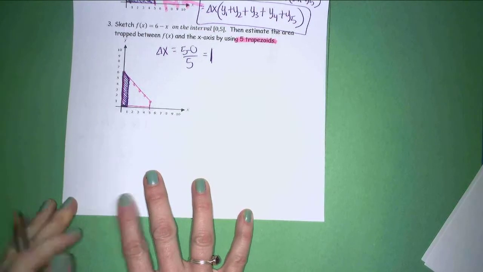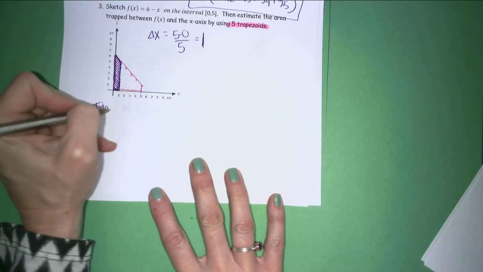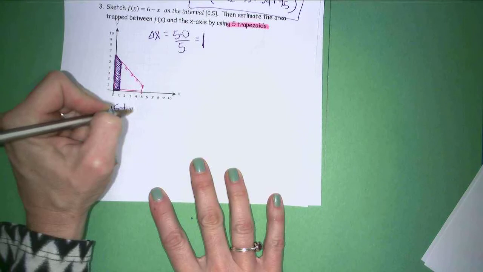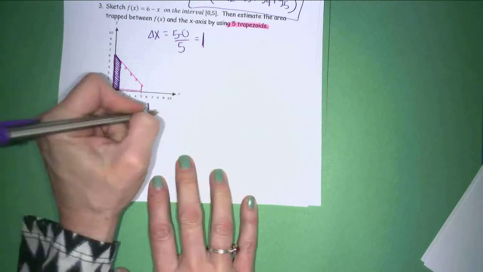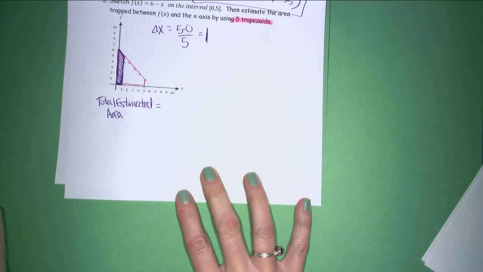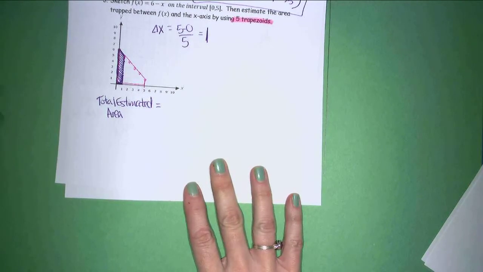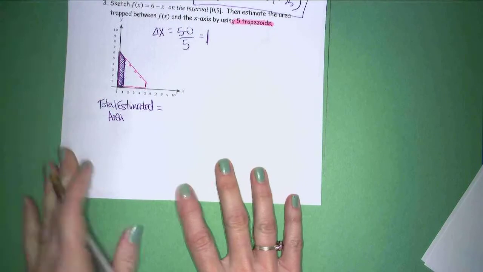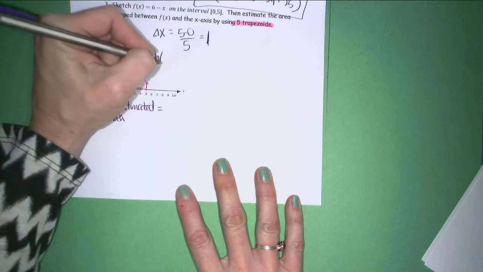The area of that trapezoid, so this is going to be my total estimated area. It's actually, because it's linear, it's going to be the true area, but we'll say estimated because our functions are not always linear.